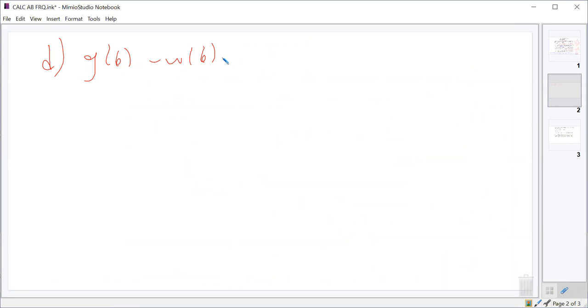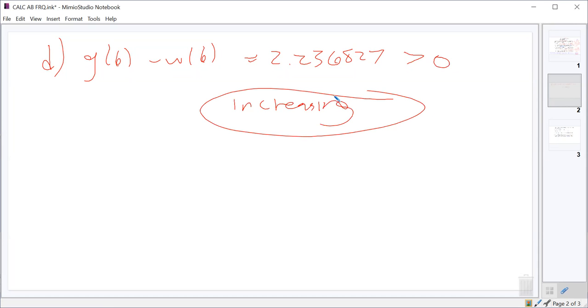So that came out to be 2.236827, which is greater than 0. And we'd say since that rate is positive, the amount is increasing. Good. Any questions there on that one? Okay. Great.